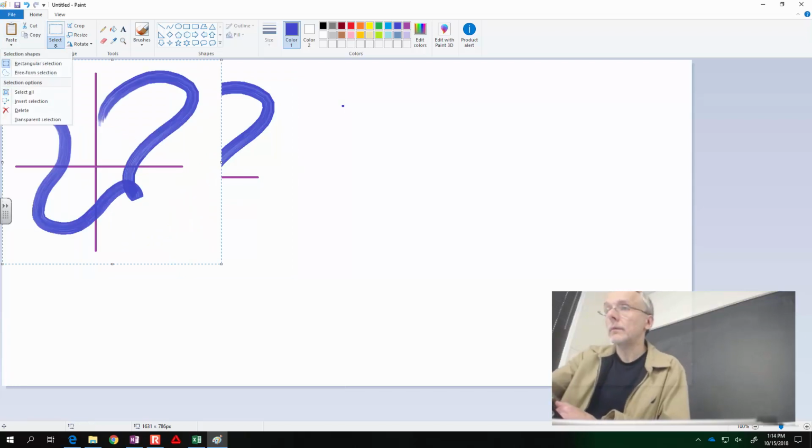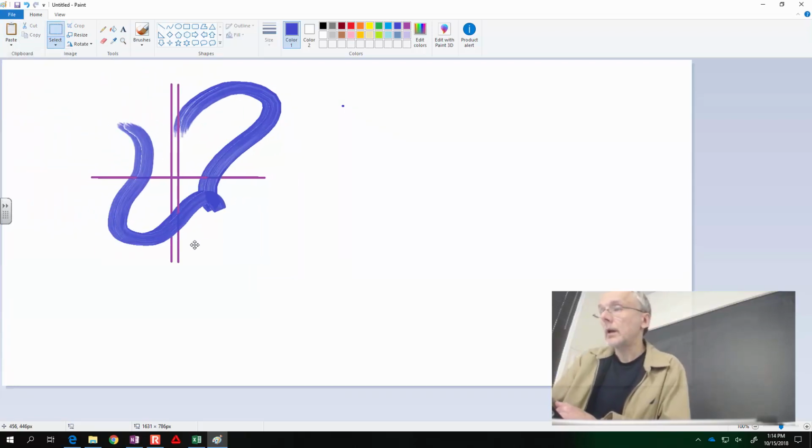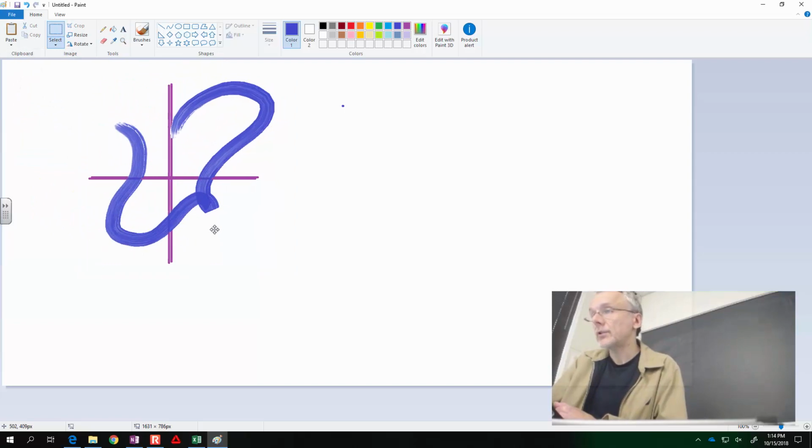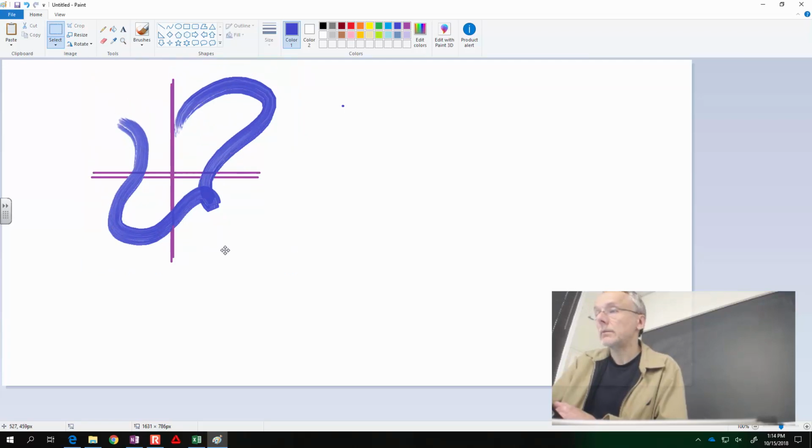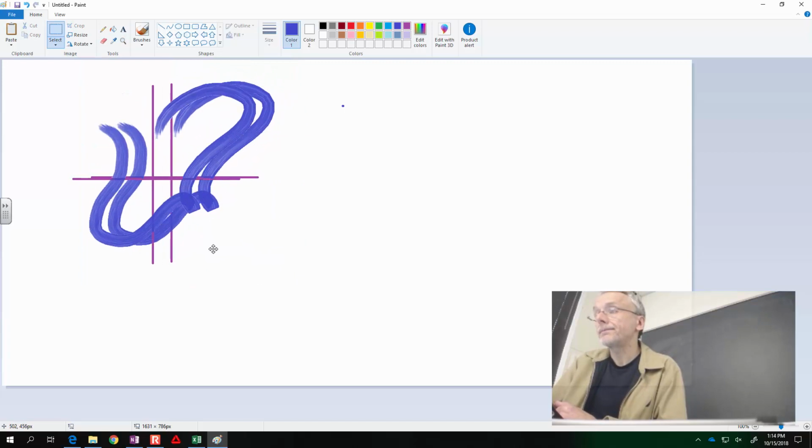Transparent. So once again, you start in the same position, and then you shift it up, or you shift it down. You can also shift it left and right.